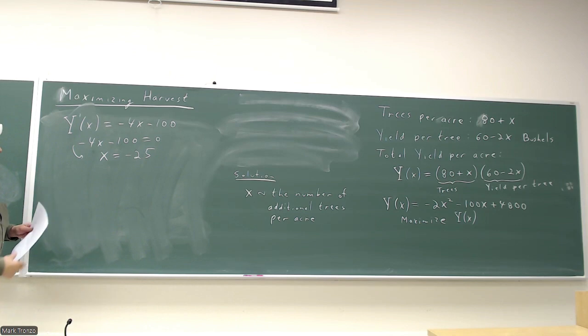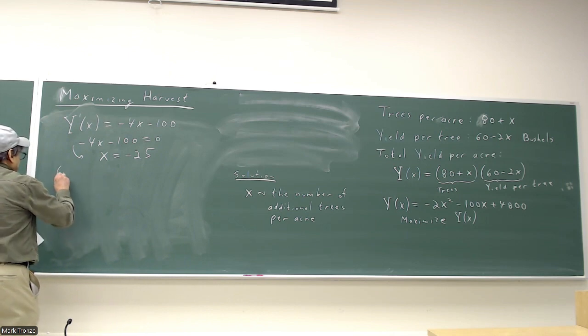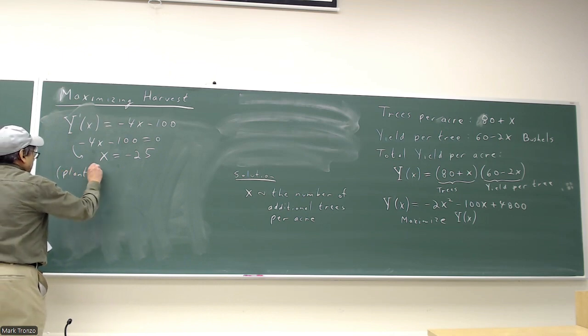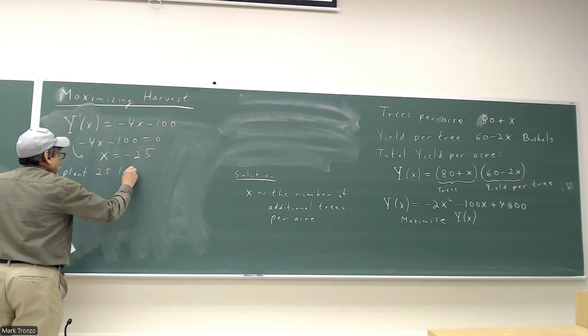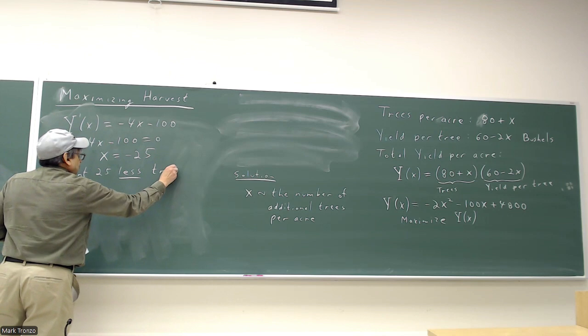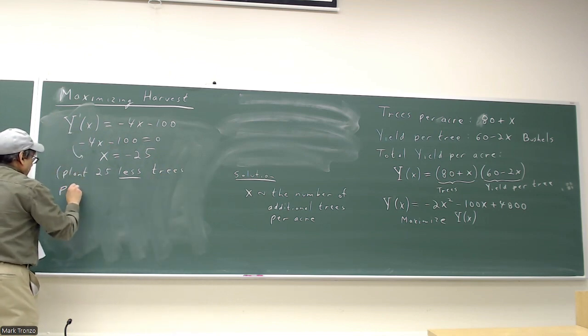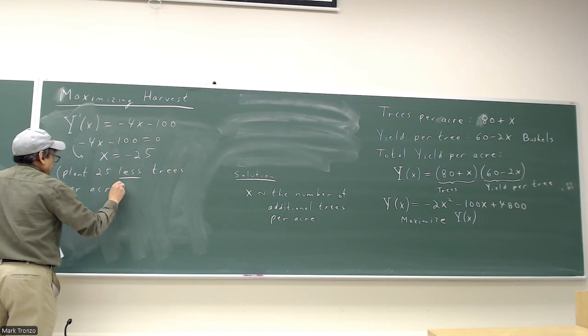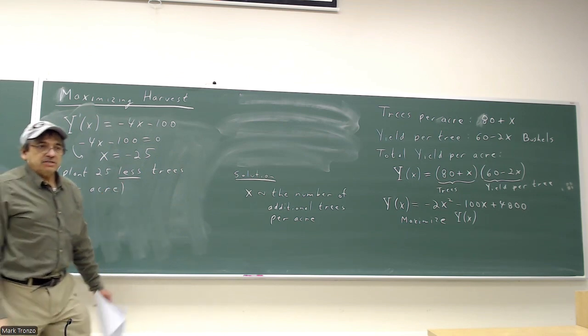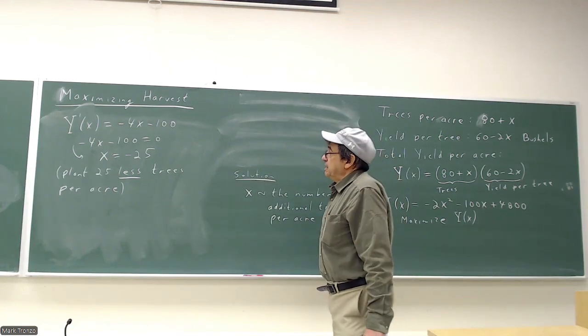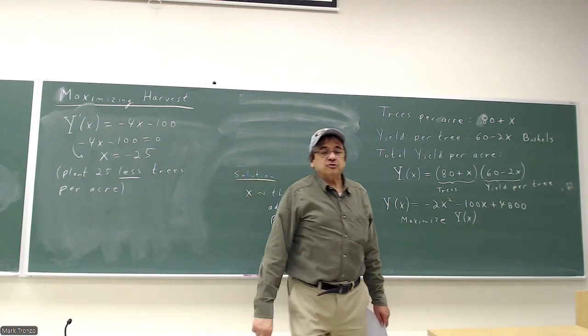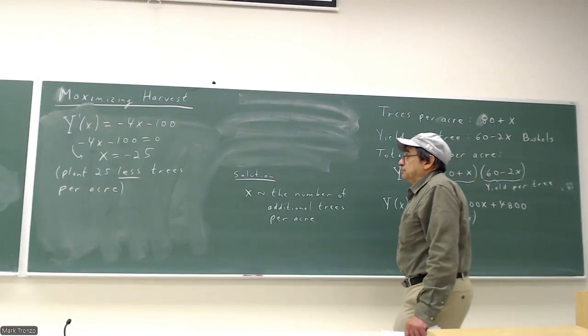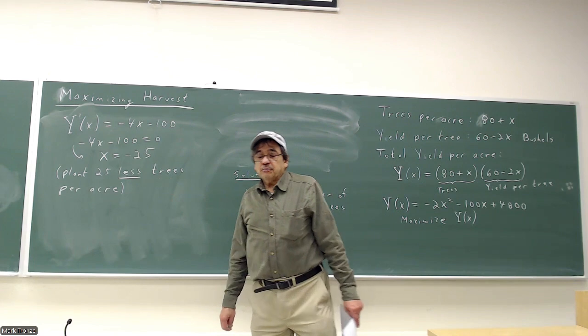Since it's negative, this indicates she's supposed to plant 25 fewer trees per acre. If it had come out positive, that would have indicated she should add additional trees per acre.